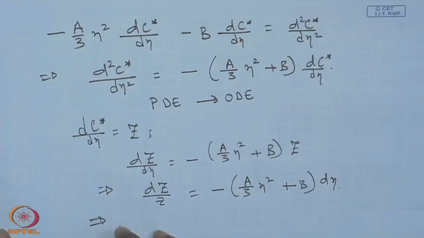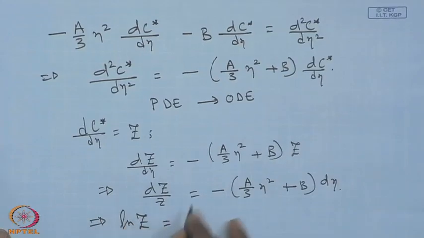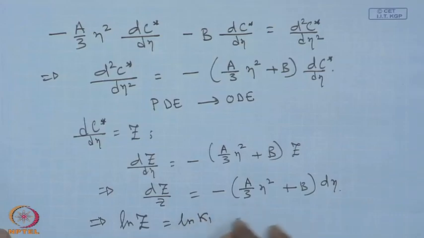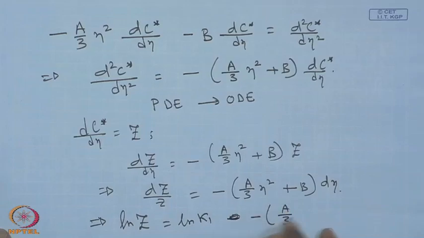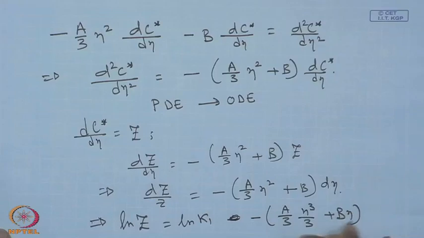So, this becomes ln z is equal to ln k 1 plus minus a by 3 eta cube by 3 plus b eta.